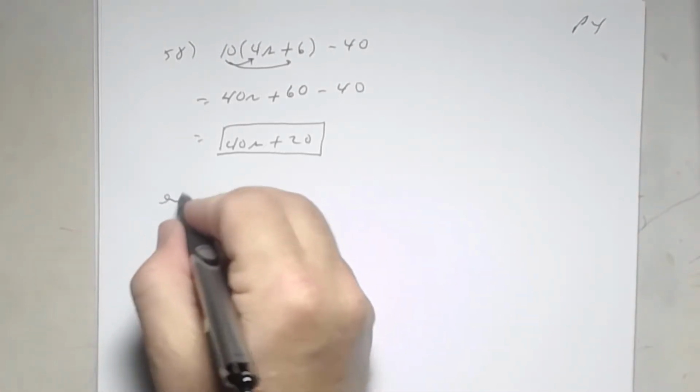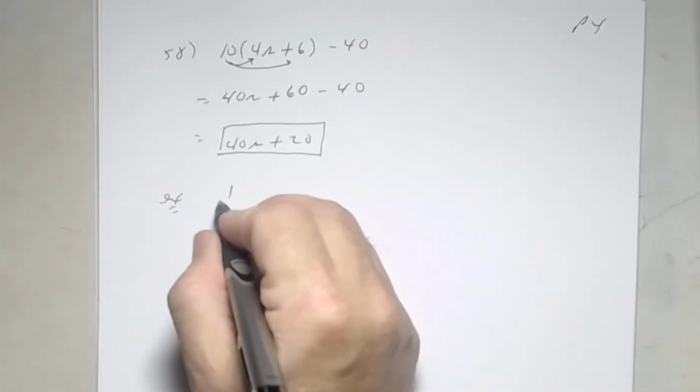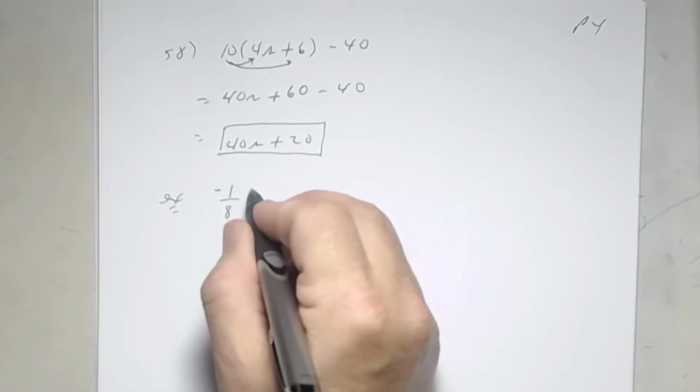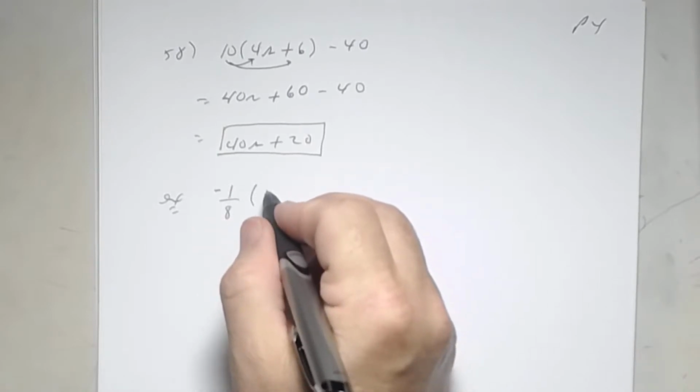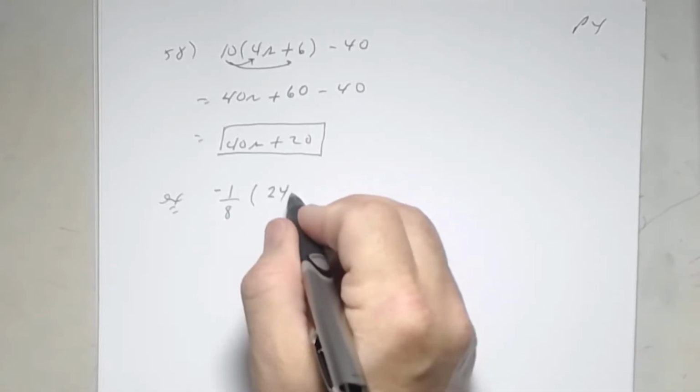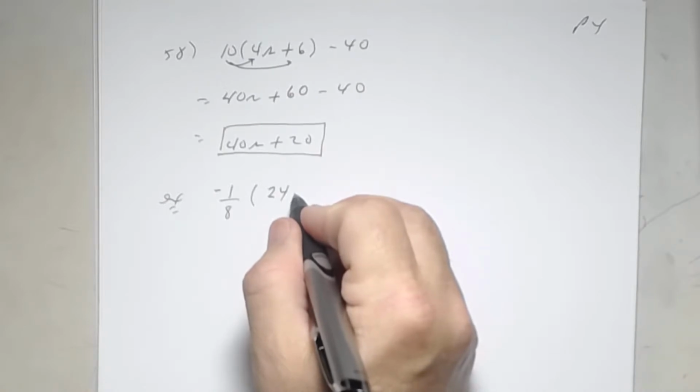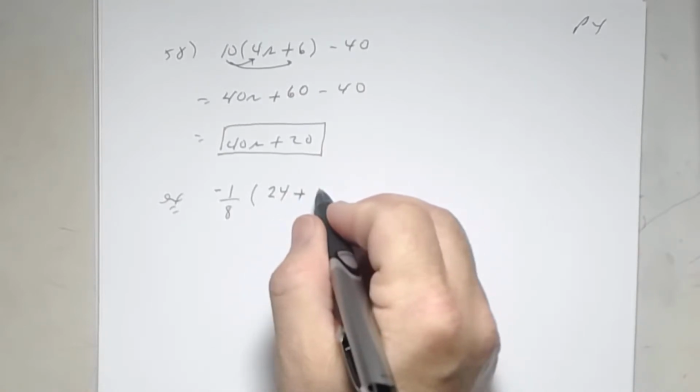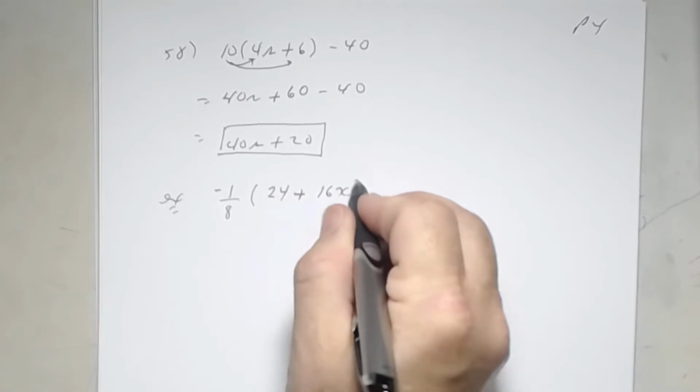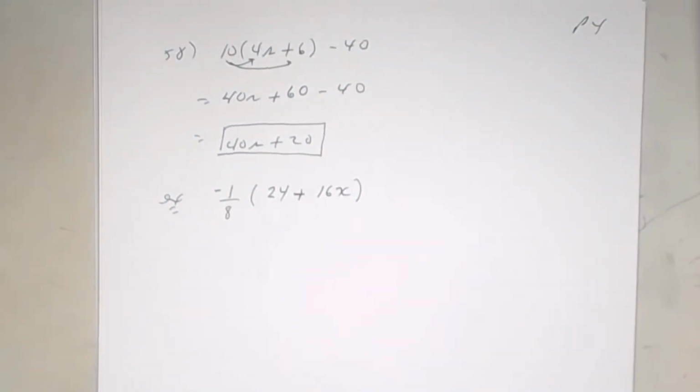Write this example. Suppose we had negative 1/8 times 24 plus 16x. Negative 1/8 times 24 plus 16x.